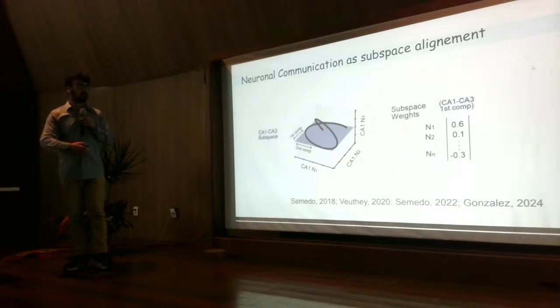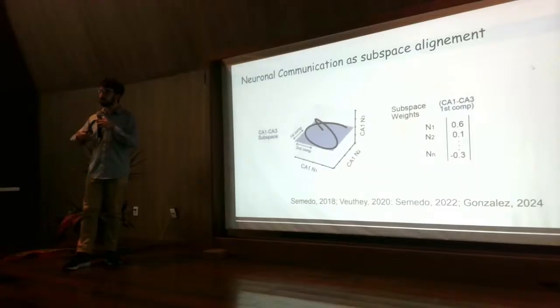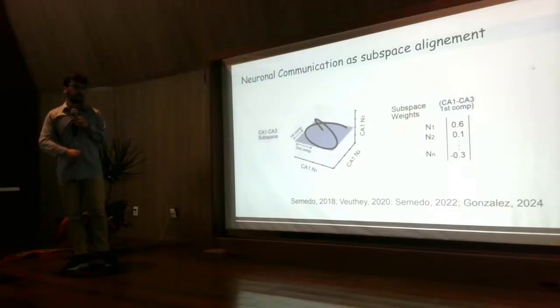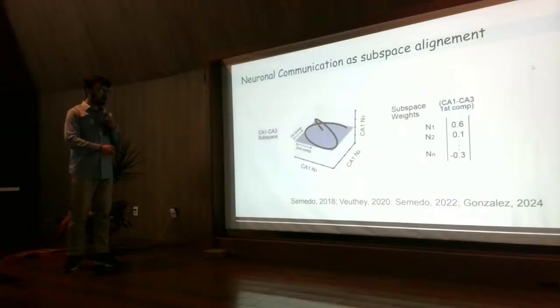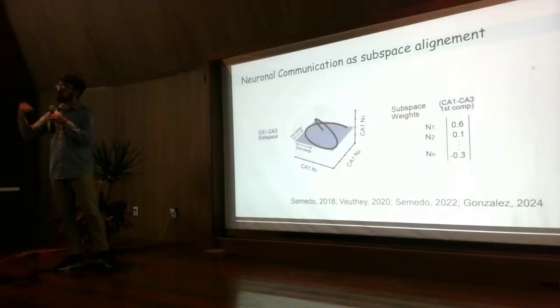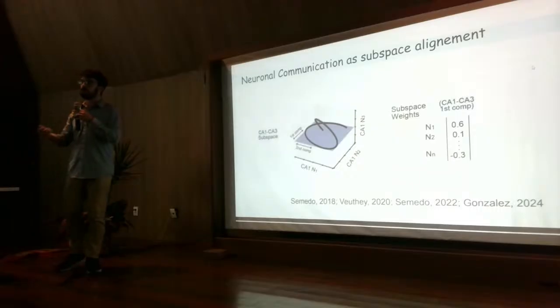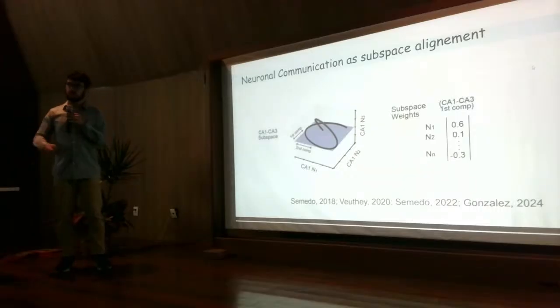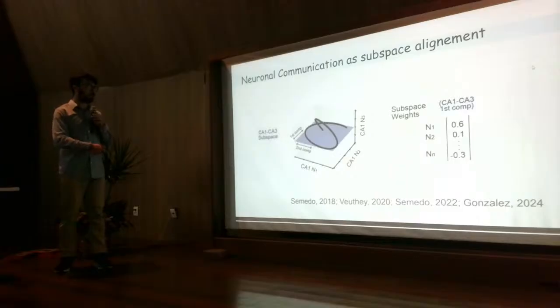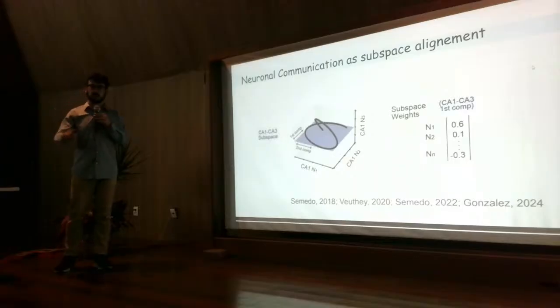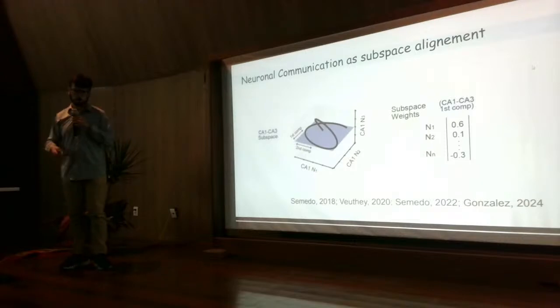So understanding communication between populations boils down to finding these low-dimensional subspaces. The full space would be like a cube that covers this entire volume, and a subspace would be a sub-volume of this cube. In this simple example, it is a plane, because only these 2 neurons are the ones projecting downstream, while this other neuron does not.